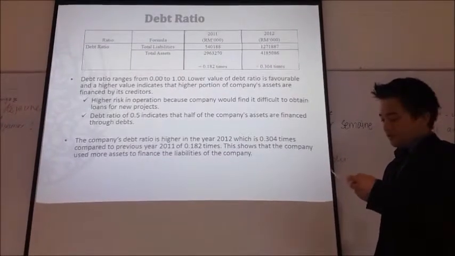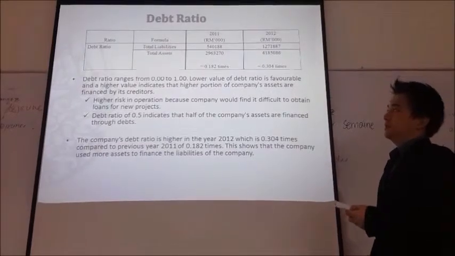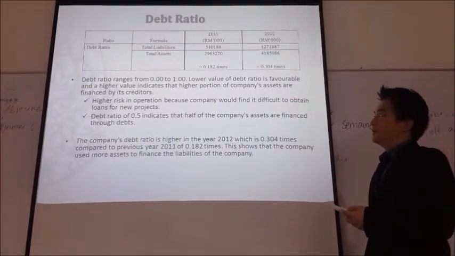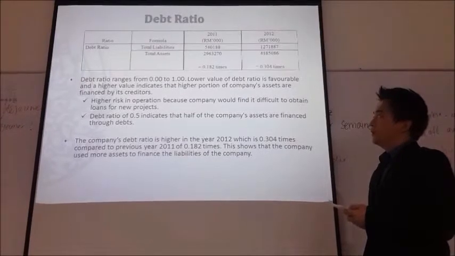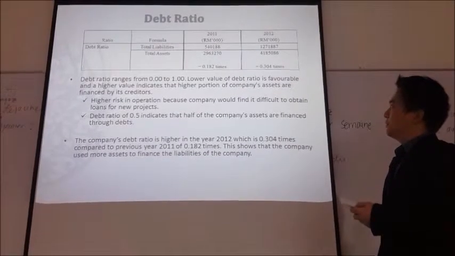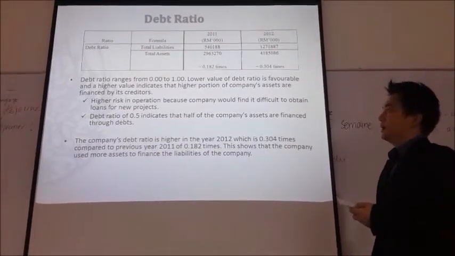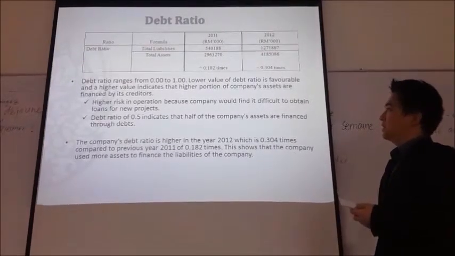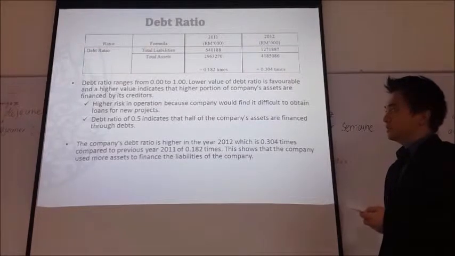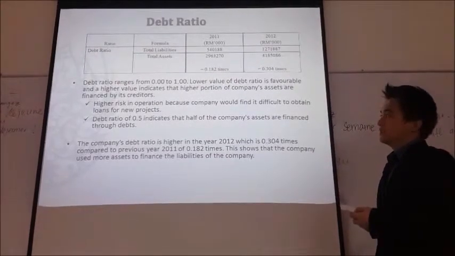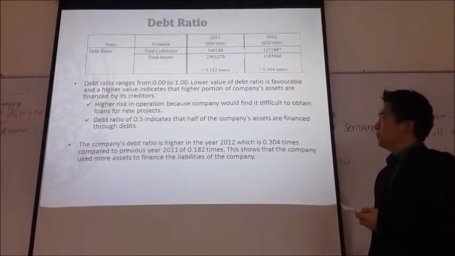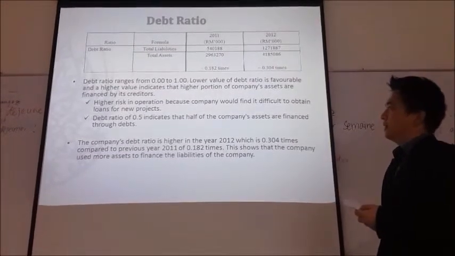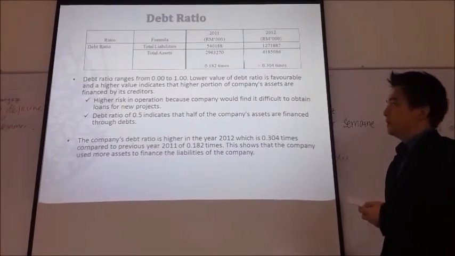Debt ratio. The debt ratio ranges from 0.00 to 1.00. A lower value of debt ratio is preferable, and a higher value indicates that a higher portion of the company's assets are financed by its creditors, which means higher risk in operation because the company would find it difficult to obtain loans for new projects.